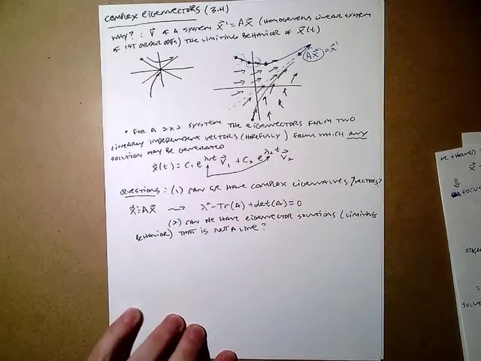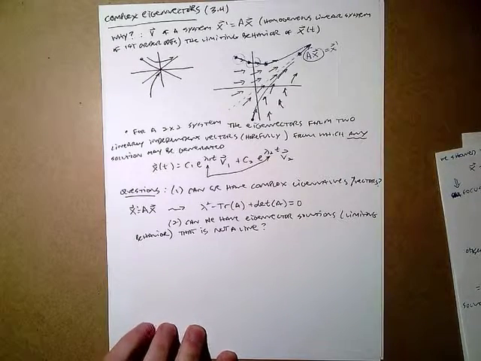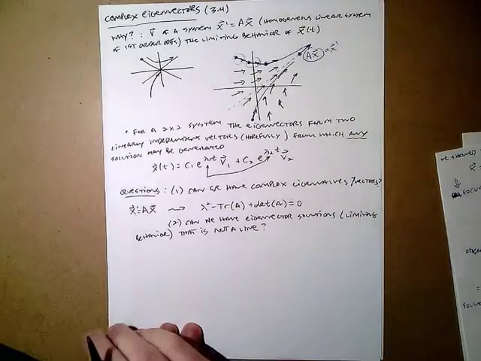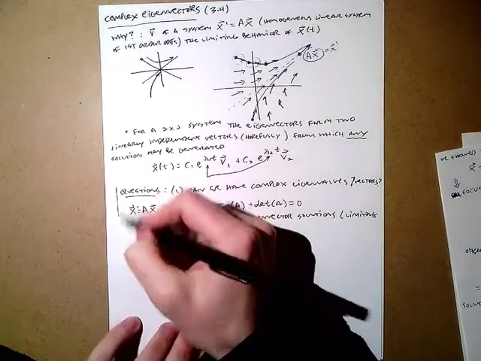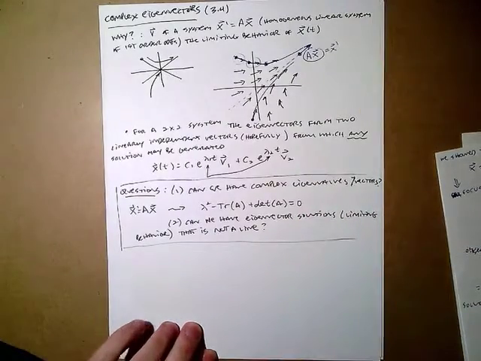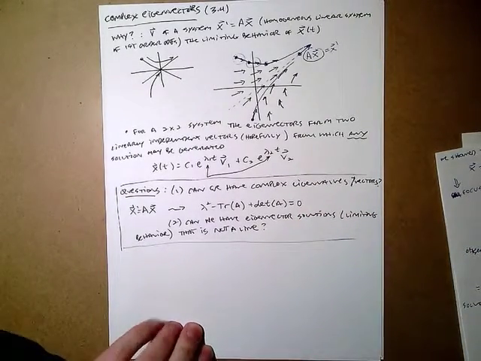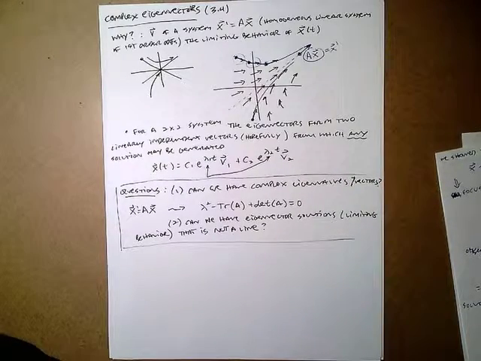And the answer to this is yes, you can have different limiting behavior. And this is where we left off before the exam. We looked at what happens when you get complex eigenvalues and eigenvectors, and what that does to the trajectory curves in the vector field of your linear system.